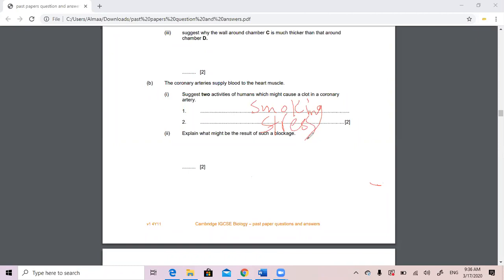We have lack of exercise. You have 3 now. Something might result from such blockage. Blockage means they block the heart. Why? You know?